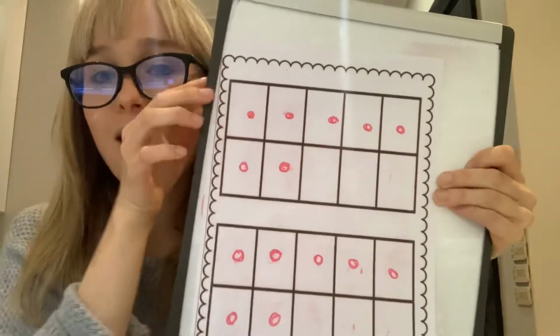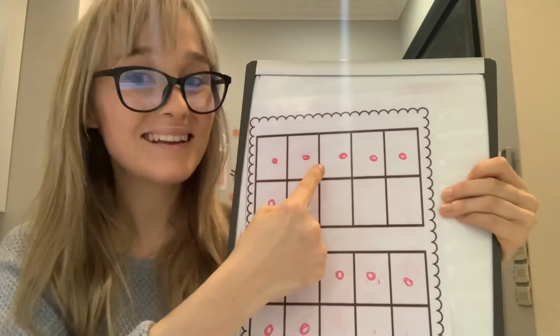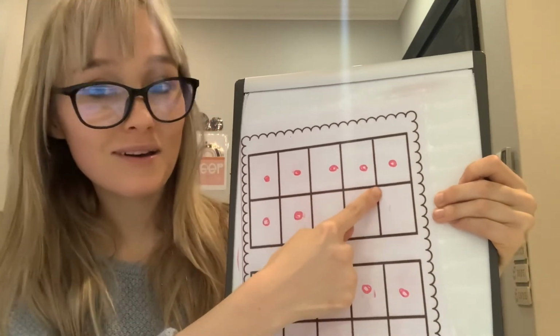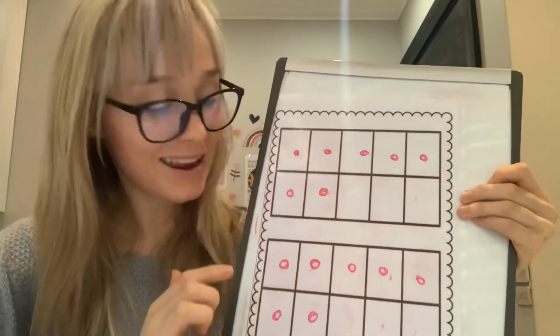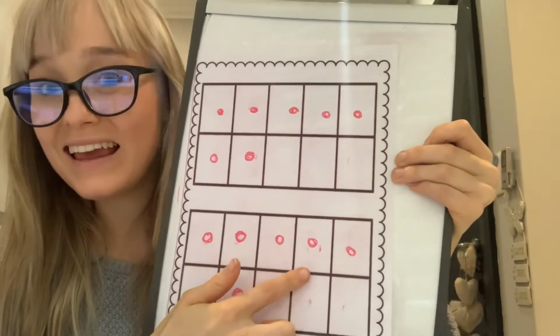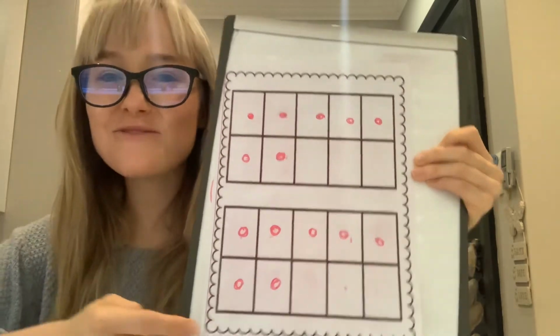And then we can count all of the dots together. 1, 2, 3, 4, 5, 6, 7, 8, 9, 10, 11, 12, 13, and 14. Great job, Tristan. You all are so clever.